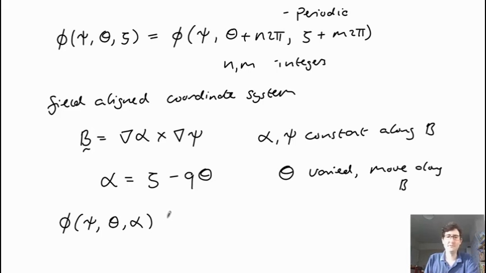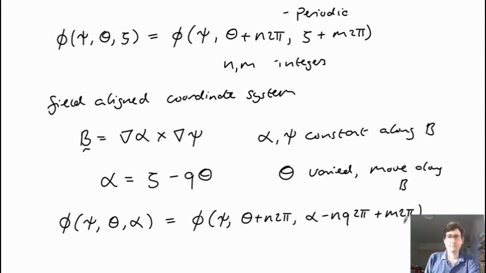Because our periodicity constraint becomes that we can go around in theta any number of times we want, and we should also need to shift in alpha, because alpha is now also a function of theta. So here we have the periodicity constraint: some function of phi, theta and alpha, where we can go any number of times around in theta, but we need to subtract this quantity from alpha, which depends on q, and of course we can go around in the toroidal direction m times, and we should end up back where we started.